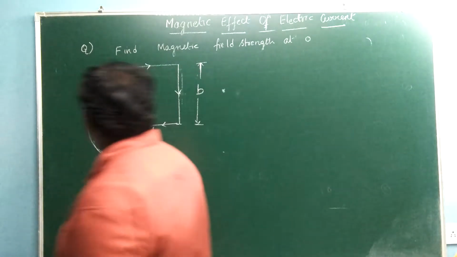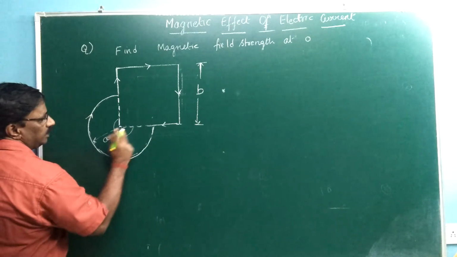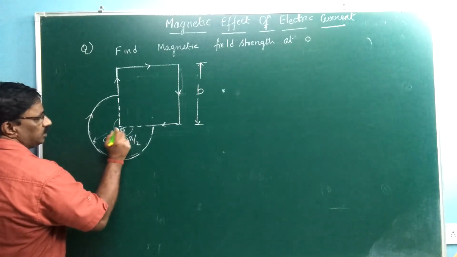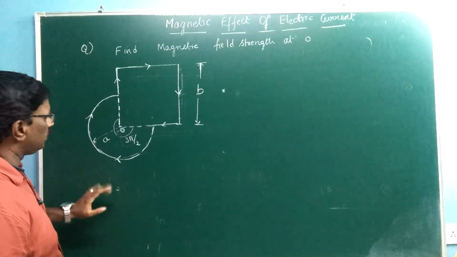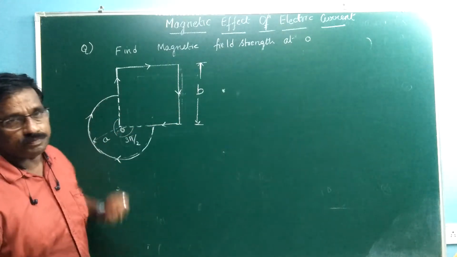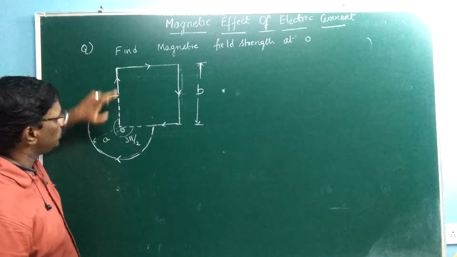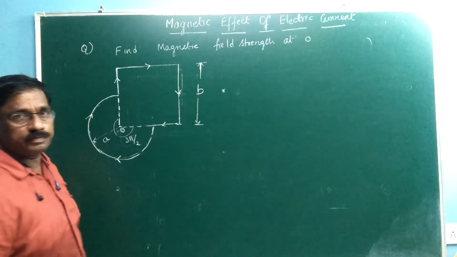Definitely this angle is 90. This angle we know how to determine. This angle is 3 pi by 2, and you know why it is 3 pi by 2, because this is 270. So how many conductors are there in total? This is 1 and this is 1. But this is of no use because it is passing through this. And this is also of no use because it is also passing through this.